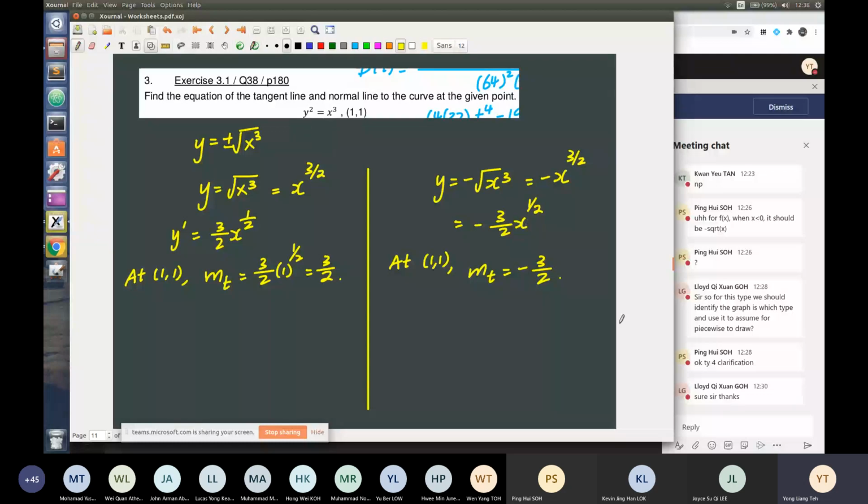So at this juncture, maybe let's plot out y squared equals x cubed and see what happens. This is actually not a function, it's an equation. Okay, so let me show you.